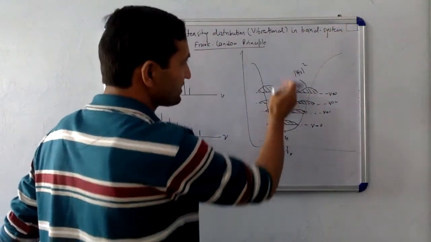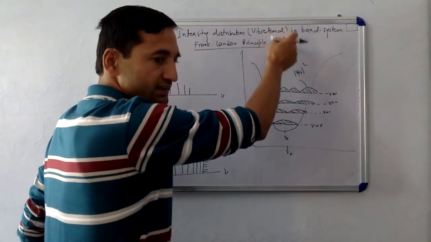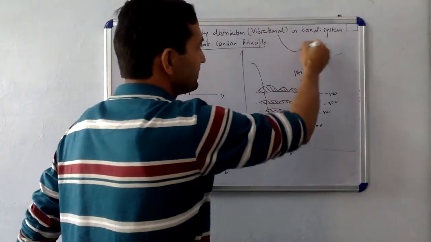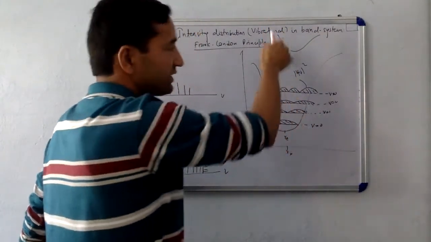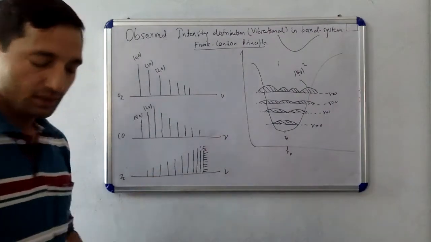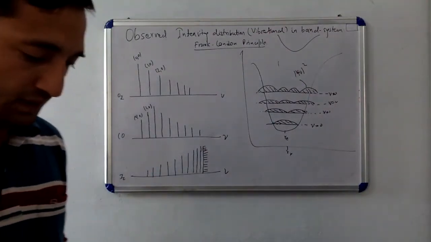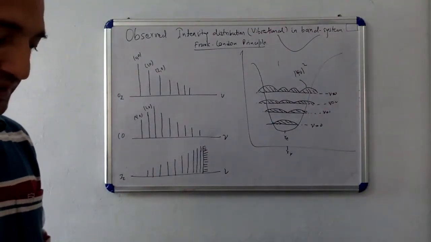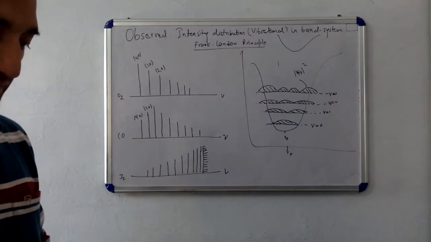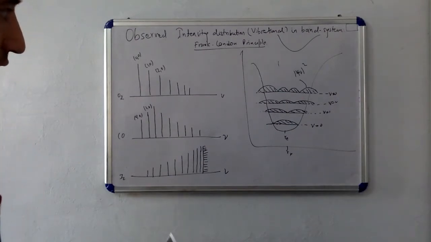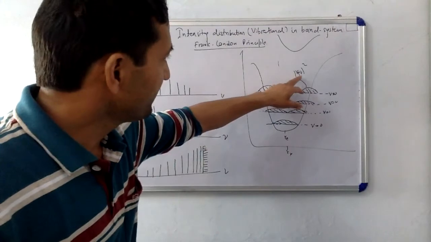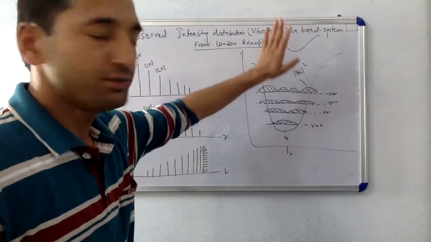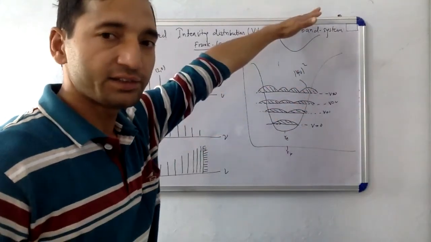Now this transition is taking place, whatever the state is, either 0, 1, 2, or 3, as a vertical transition. Another thing is that the distribution of the probability density varies with the vibrational level in each electronic state. So |ψ_ν|² varies for the different vibrational levels.